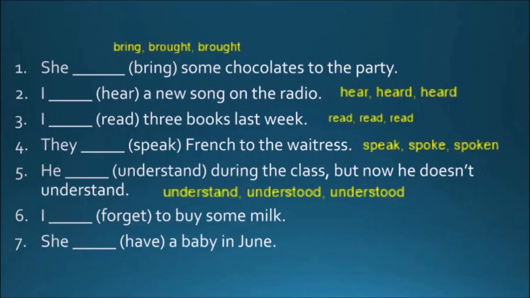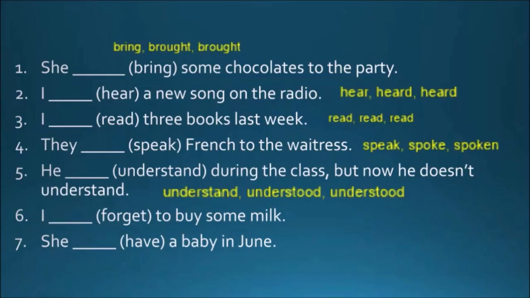So he is saying here, he understood during the class. This is in the past. But now, present, he doesn't understand. Let's look at number 6. I forget, infinitive, to buy some milk.